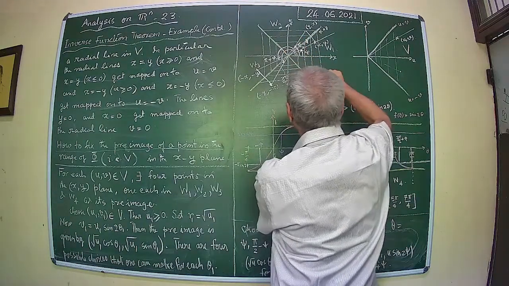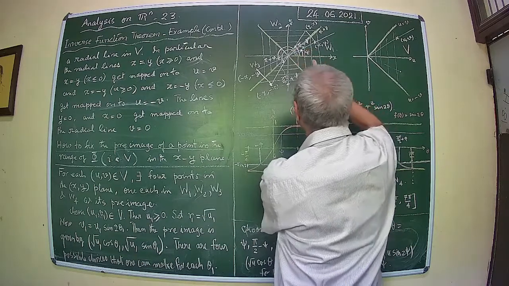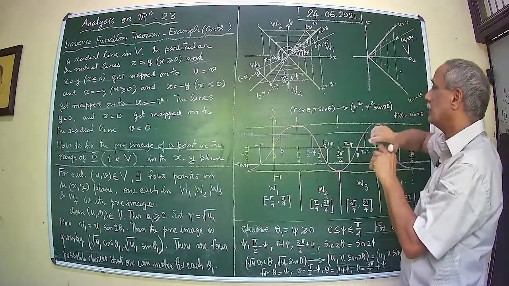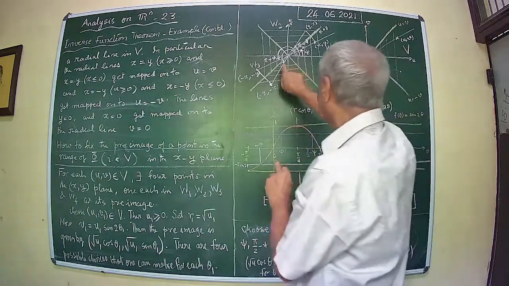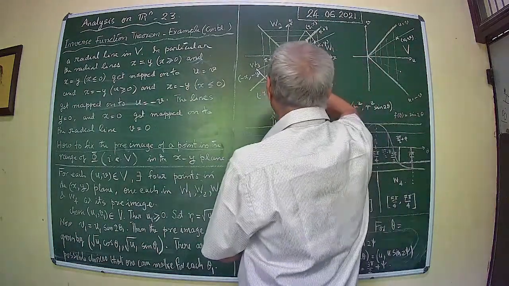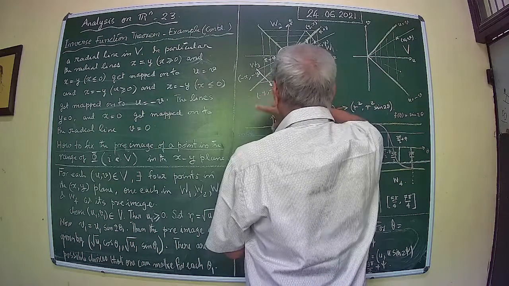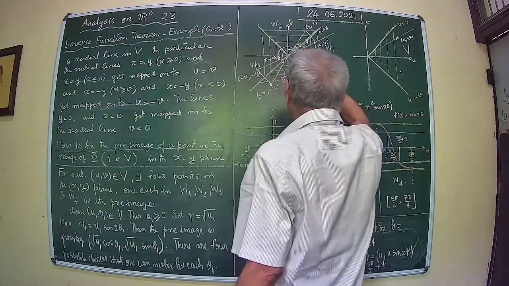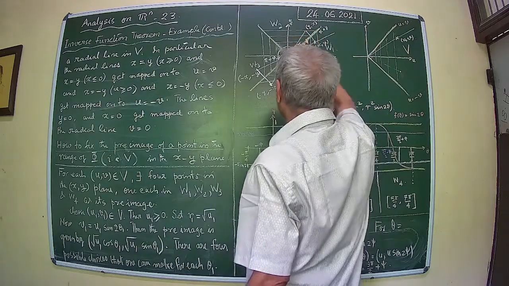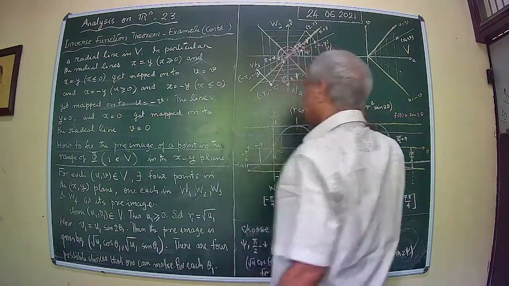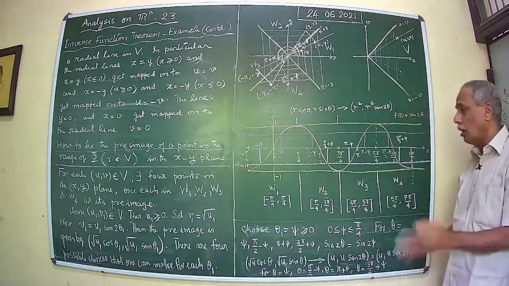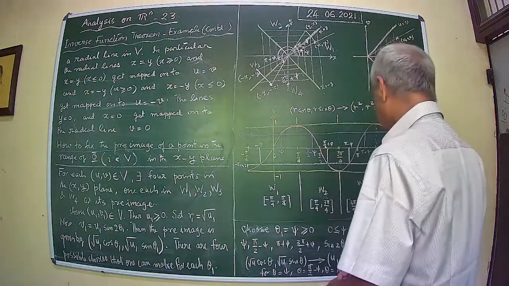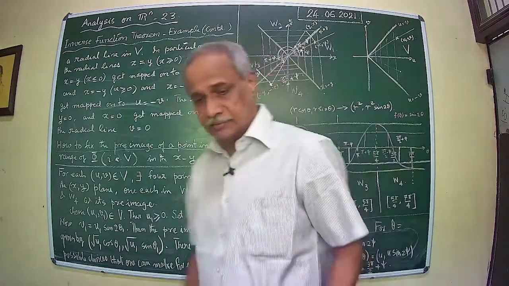So you get the points in W2 and W4. I'm saying that there is a point in W1, there is a point in W2, there is a point in W3, and there is a point in W4. They all can be obtained. You can write down like this. Okay, so I'll write down those points.